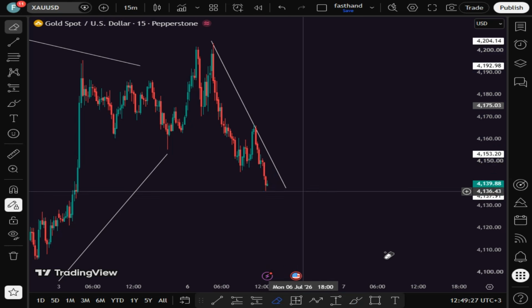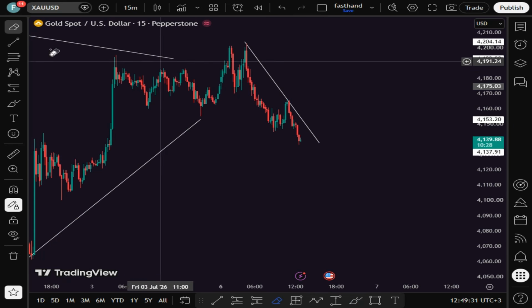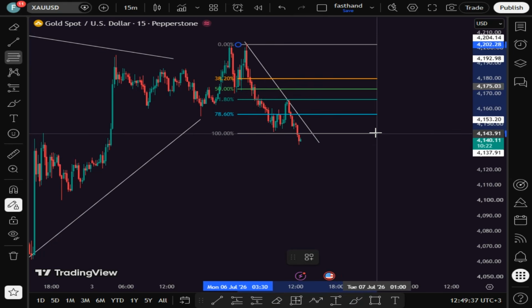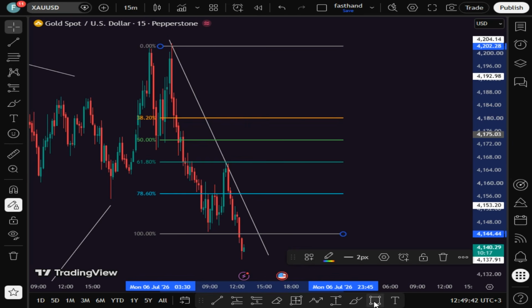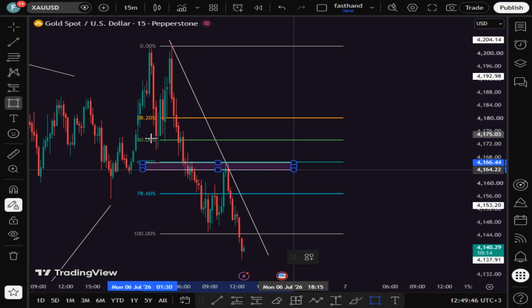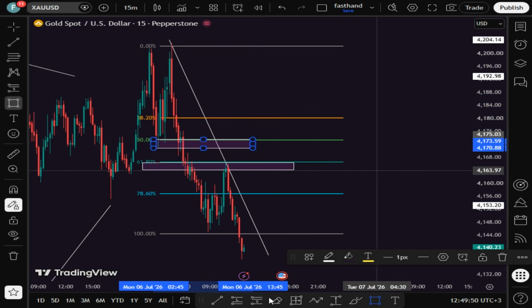But now there's something, guys. If you look at this level, let me bring in Fib. Those who use Fibonacci, you see this pullback right here, to me, I won't call this a valid pullback. This is a 61% zone. Usually I like to see price pulling back up to 50%.